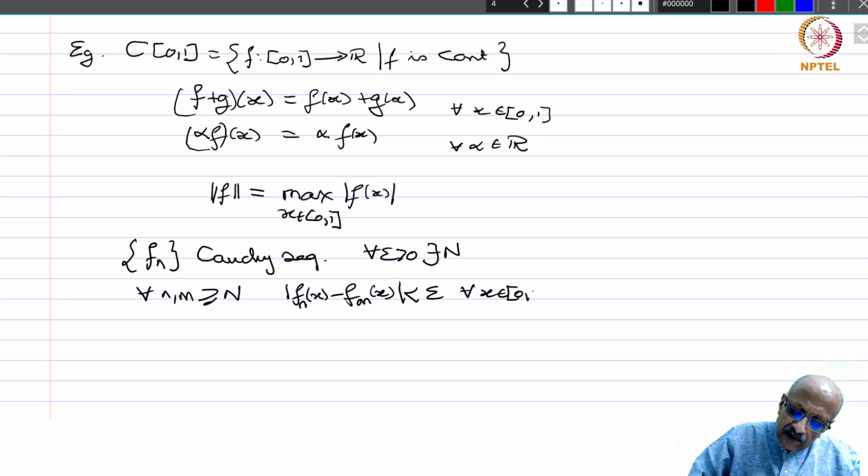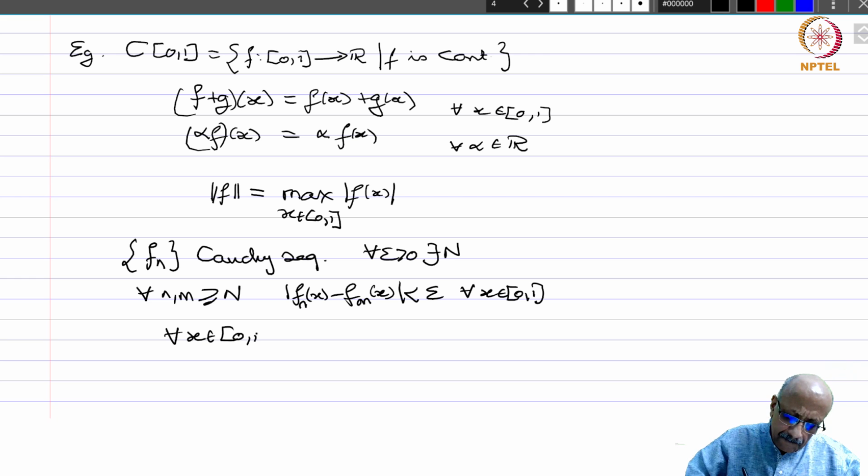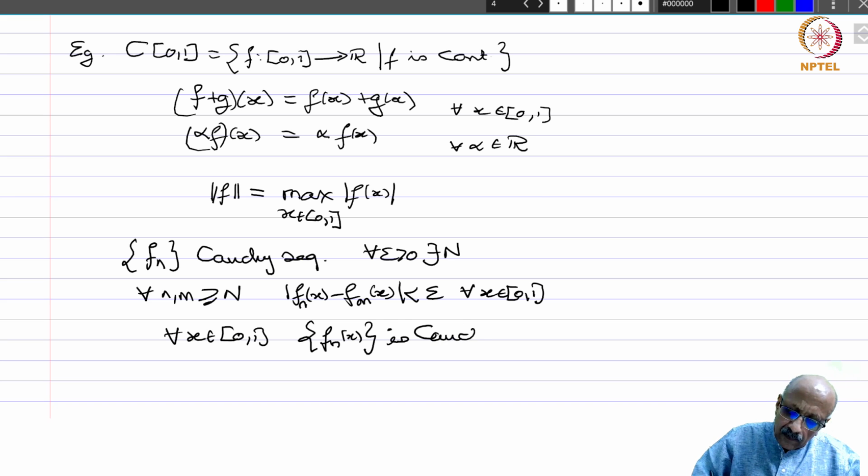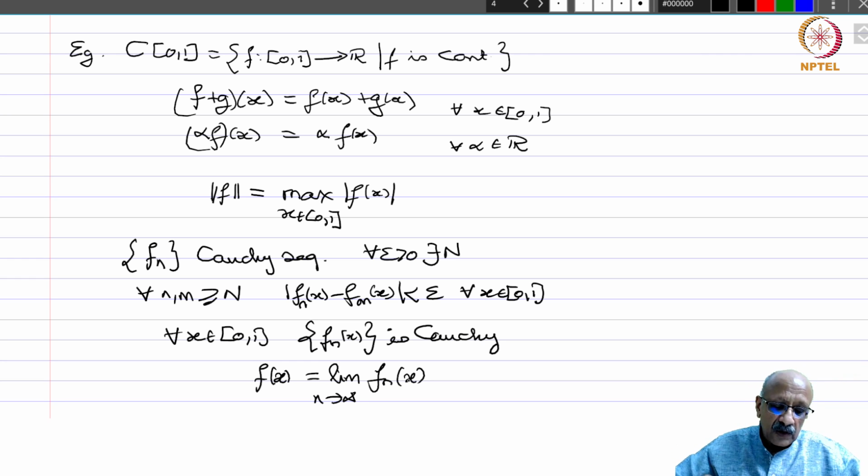This is what we mean, because when we say the norm is Cauchy, since the norm is defined by the maximum, this happens for every x. Therefore for every x in [0,1], the sequence f_n(x) is Cauchy, and therefore it converges. So let us define f(x) as the limit as n tends to infinity of f_n(x). So we now have a function from [0,1] to R.